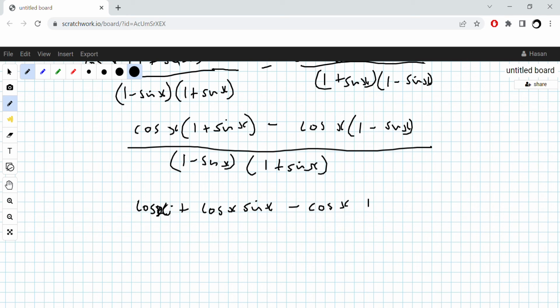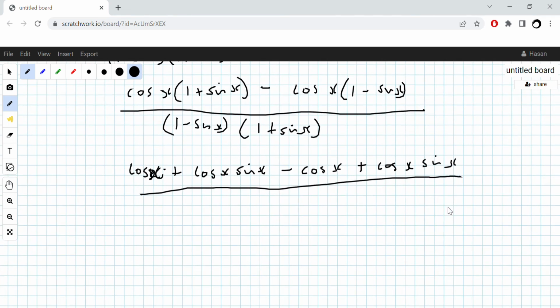That gives us another plus cos x sin x. And over the denominator, 1 times 1 is 1. 1 times by sin x is sin x. 1 times by minus sin x is minus sin x. And minus sin x times by sin x is minus sin squared x.